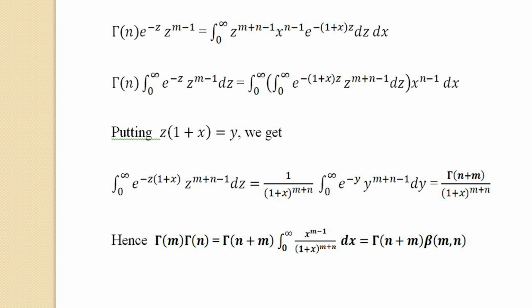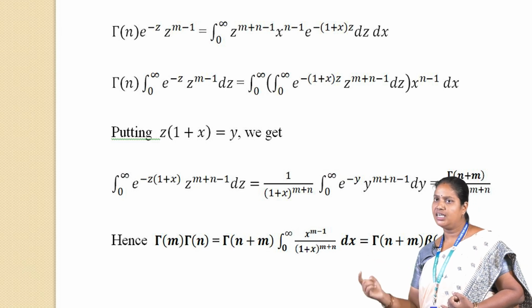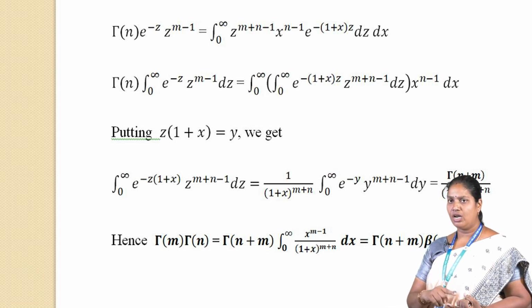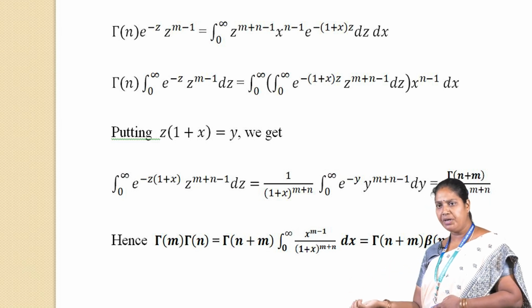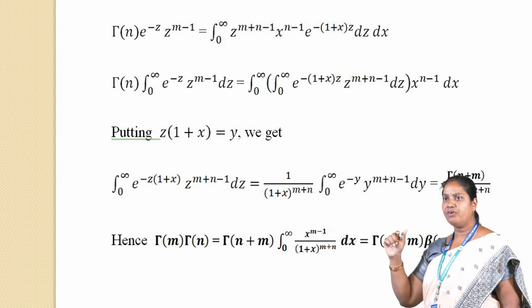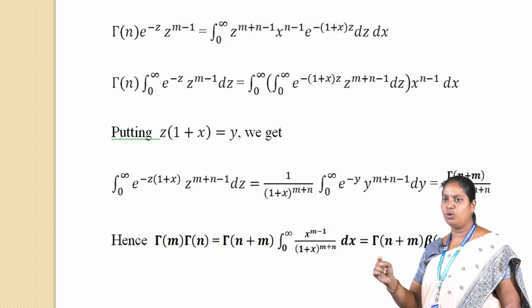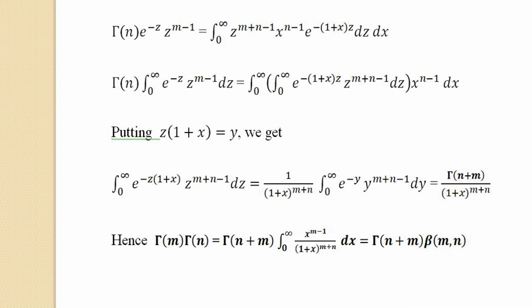Now we substitute in the previous expression. Then we will get gamma of n, and the integral 0 to infinity e power minus z, z power m minus 1 dz is nothing but gamma of m. So the left hand side will be gamma of m into gamma of n, which is equal to the right hand side, gamma of n plus m into the integral 0 to infinity x power n minus 1 divided by 1 plus x the whole power m plus n into dx, which by the second property of the beta function is nothing but beta of m comma n.